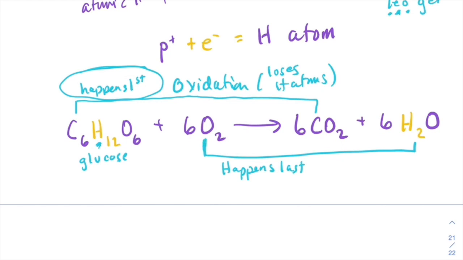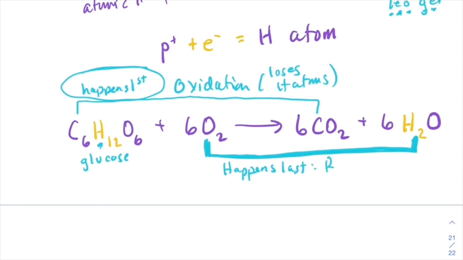So down here, O2 becoming H2O. Hey, it's gaining hydrogens, isn't it? So a reduction. Leo goes grr: you lose an electron or a hydrogen, it's an oxidation. Grr: you gain an electron or a hydrogen atom, it's a reduction. This is a reduction because it gains hydrogen atoms.